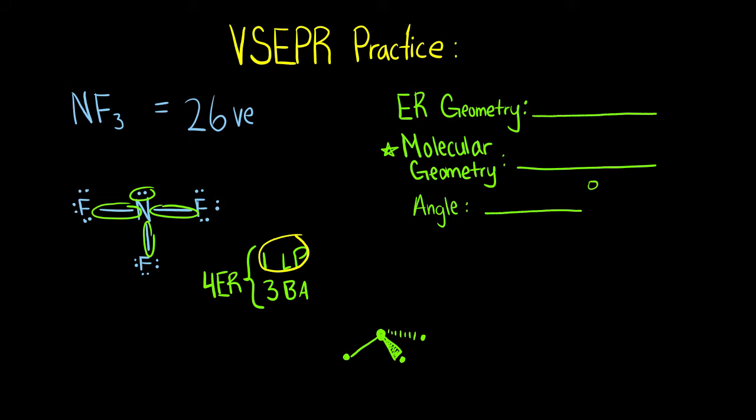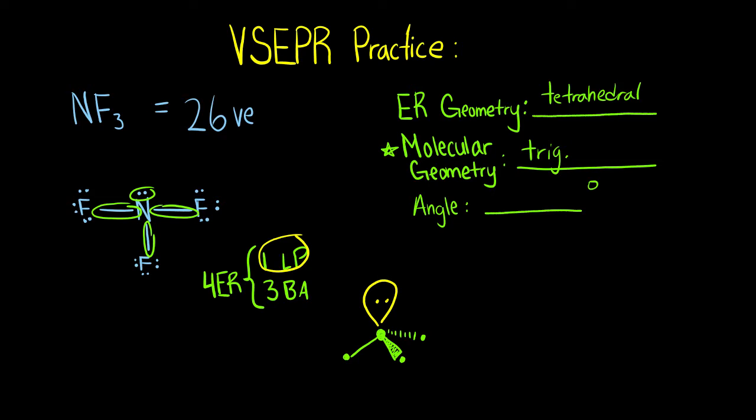And here is where you could draw in your lone pair if you want to, but then go back and think to yourself, well, the electron region geometry is tetrahedral because there are 4 electron regions. But when one of your electron regions is a lone pair, then the leftover shape is the one that we call, for the molecular geometry, trigonal.